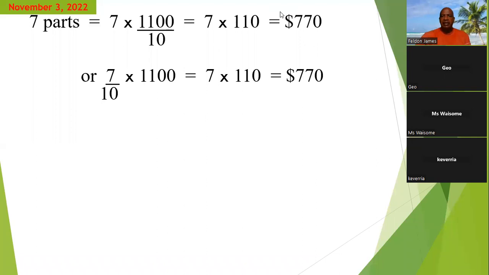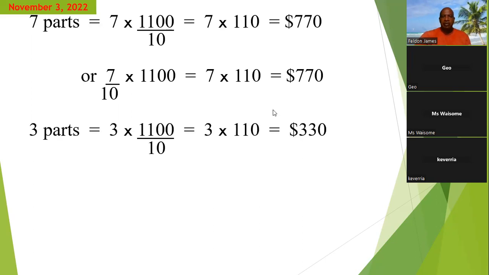All right, because when you really look at this up here, you see 7 times 1,100 over 10, which is 7 times 110. Down here, you write the 7 as a fraction of 10, which gives you the same calculation. So it still remains the same. The second calculation is what Ms. Wason did. She wrote each part as a fraction of 10 times what she's sharing.